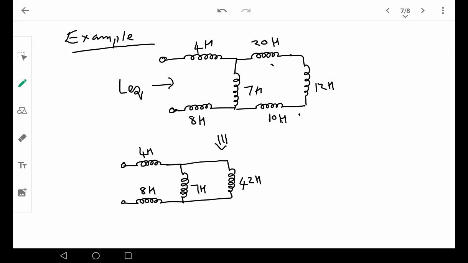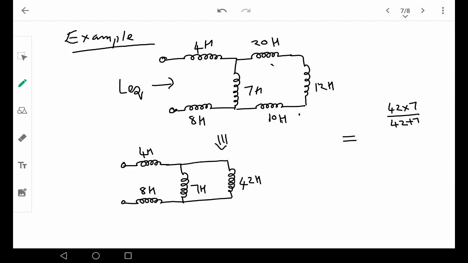So now this 42 and 7 are in parallel. So you can write it as 42 into 7 divided by 42 plus 7. You have to calculate it using a calculator.